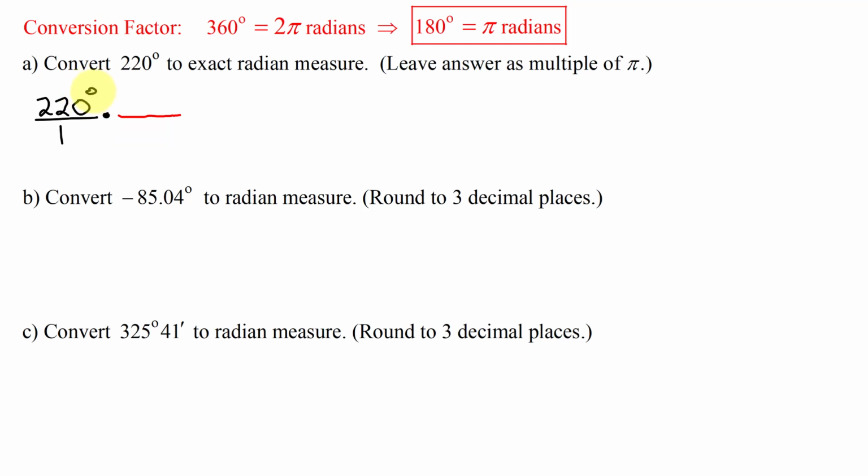If I have degrees in the numerator, I must have degrees in the denominator, so they will reduce. So I have 180 degrees in the denominator, which leaves me with pi radians in the numerator. And now all I have to do is simplify this expression.